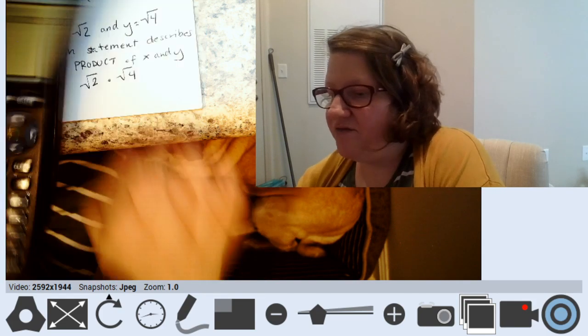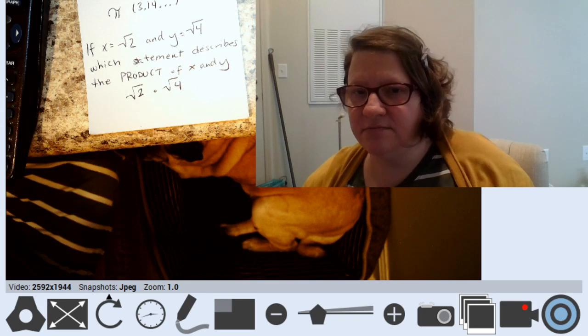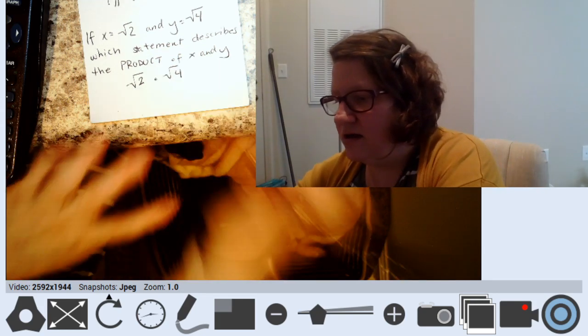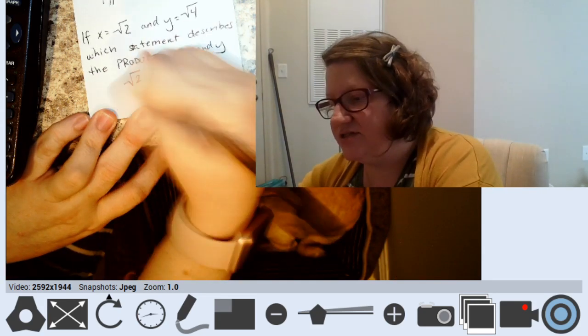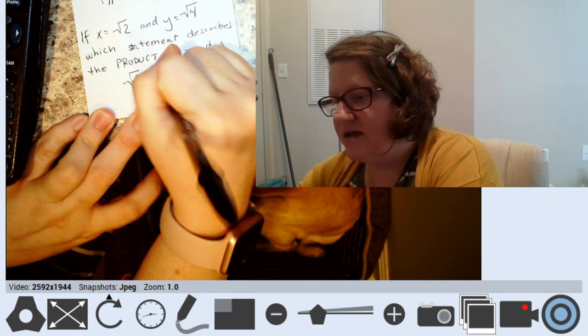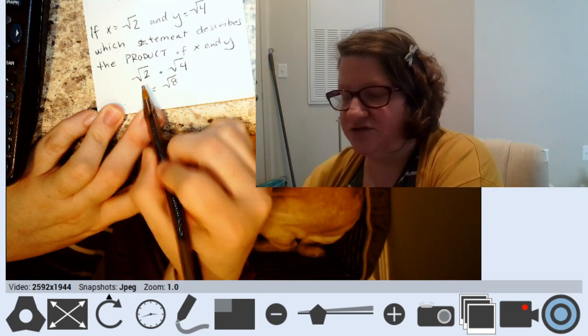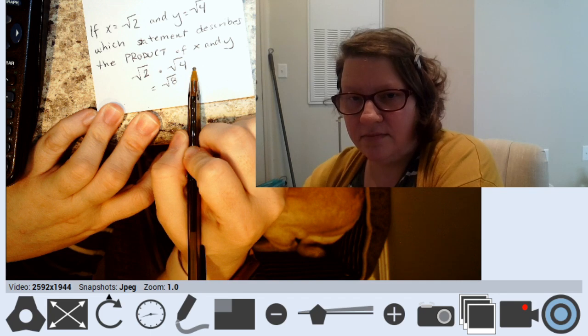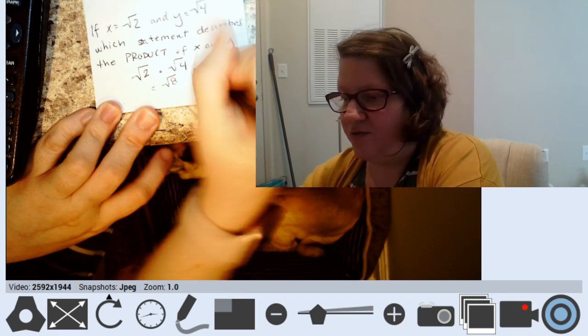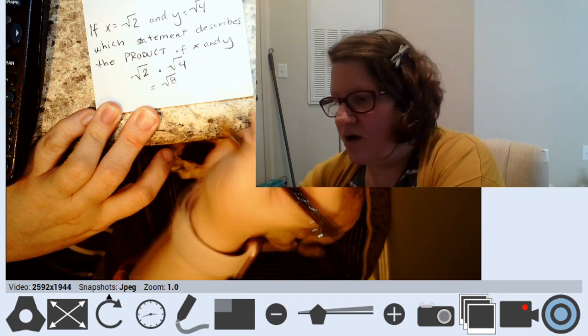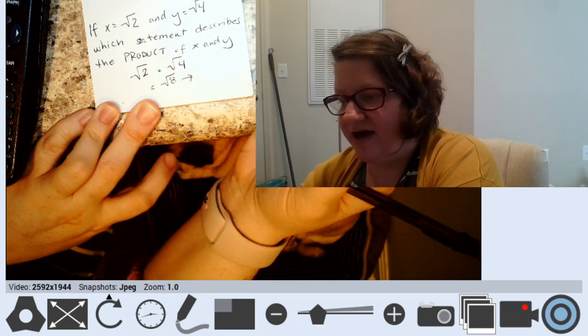Now, if we remember our rules for doing that by hand, we would say the square root of 8, because what you do is you multiply 2 times 4, and you keep their product underneath the radical. We've also talked about simplifying this.